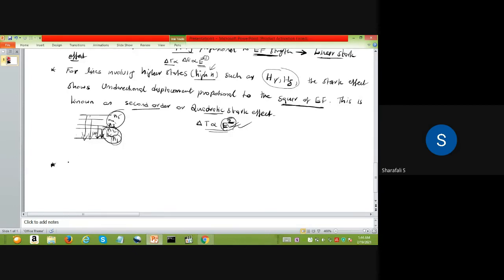I'm not going to write all those things, so I will just put it here. If you consider that first order Stark effect, we said that the shift will be proportional to E, the external electric field. So this is possible in hydrogen-like atoms.